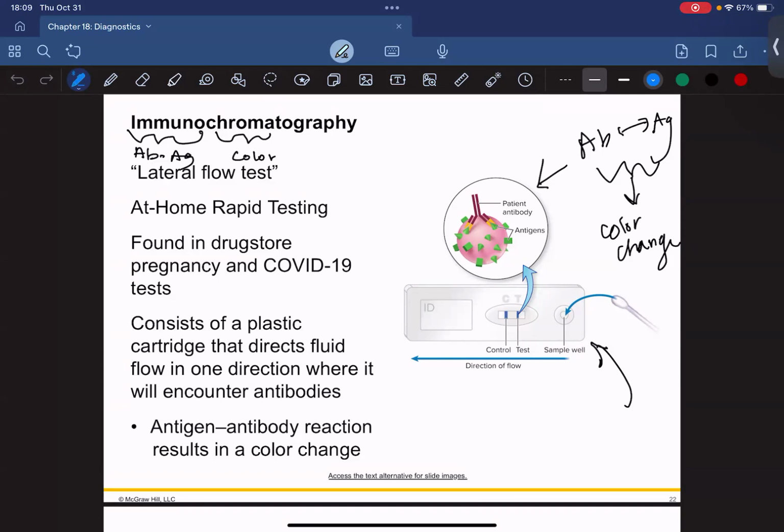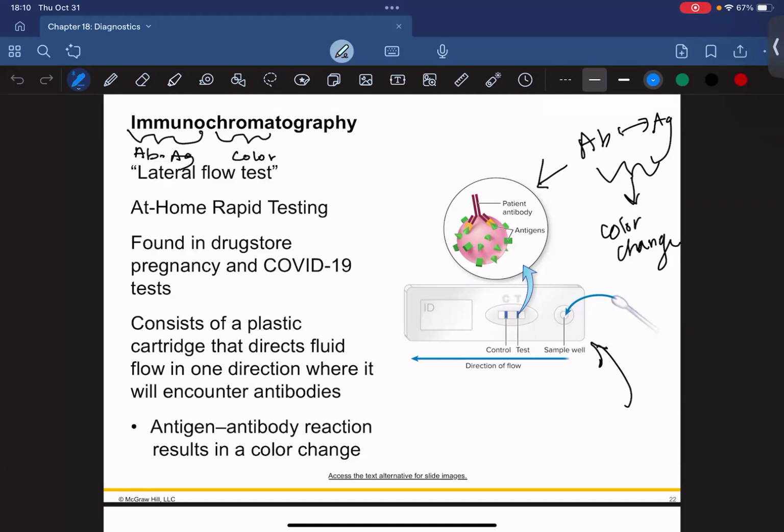So when you take your COVID tests at home or pregnancy tests or whatever, we're trying to get that even flow of liquid across that filter paper. When it hits the line where your antibody is that sees your HCG, your human chorionic gonadotropin for a pregnancy test, or the COVID spike protein, that antibody then makes its color change happen.